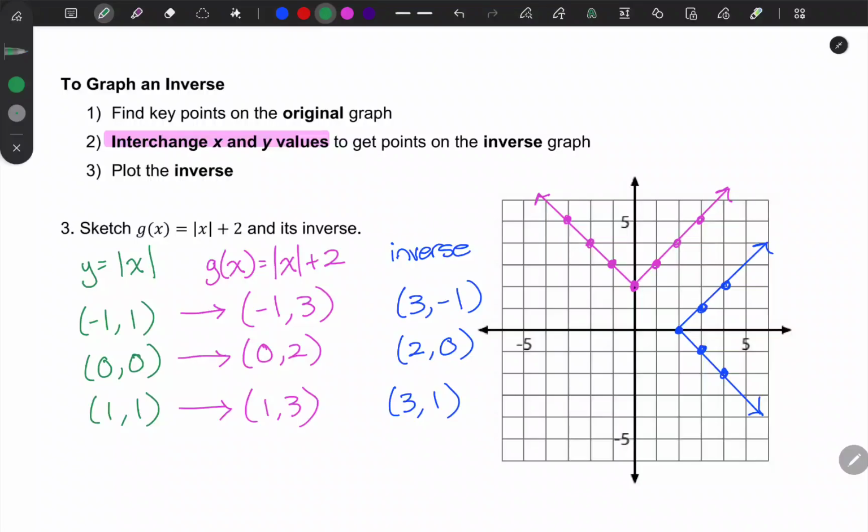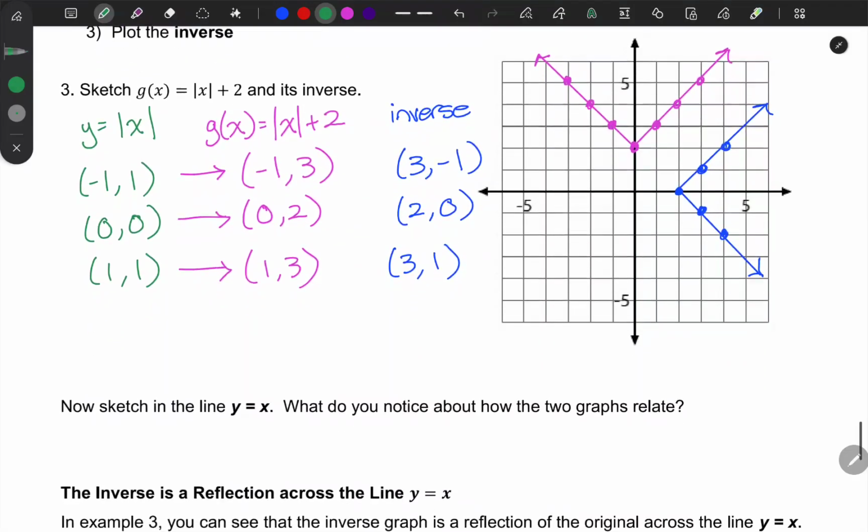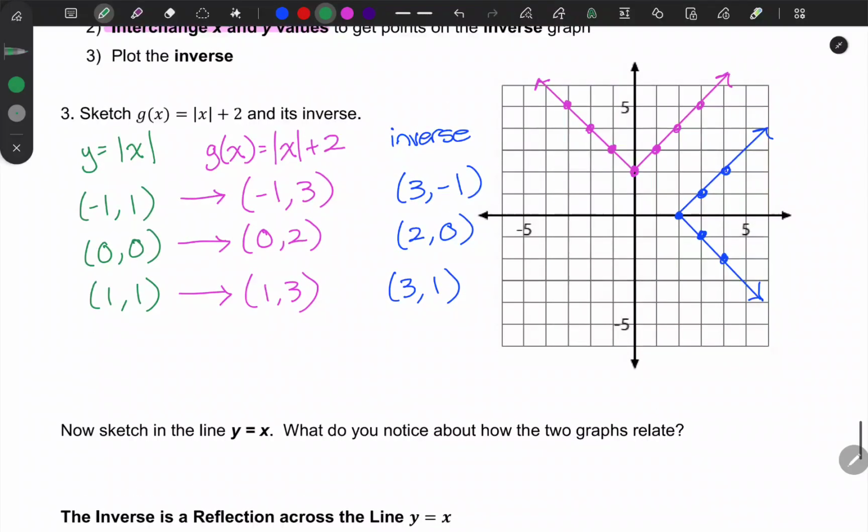Now that we've got our original g of x and its inverse, the next thing we're going to sketch in is the line y equals x. I'm actually just going to sketch it in as a dashed line because we're going to use this line to determine a relation between the two graphs.